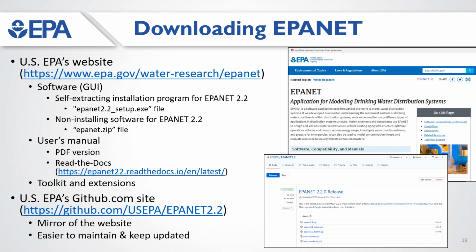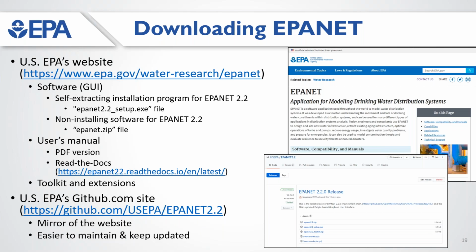It has all the same information as the installed version, but does not require administrative rights. Also on the website is our user manual. We have a PDF version that people can download, and we also have an online version through the Read the Docs application, which allows you to quickly reference things and search the different versions online.